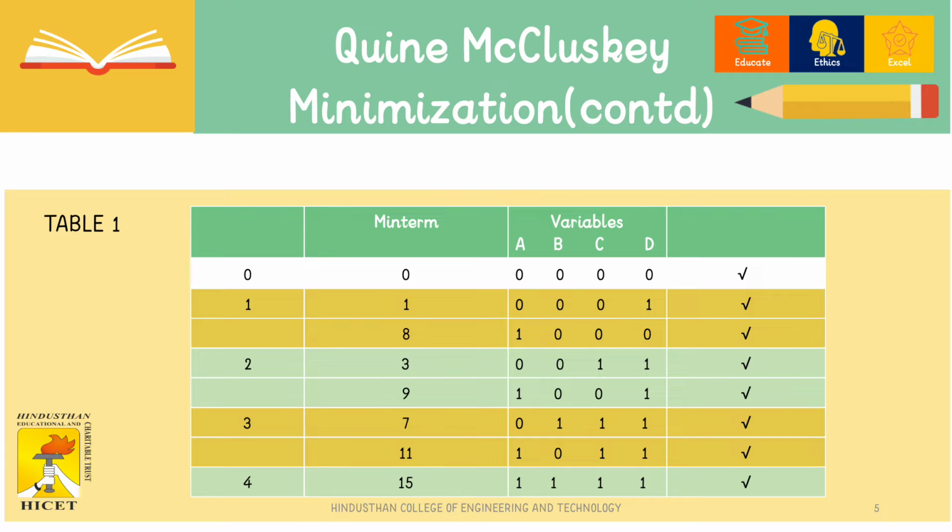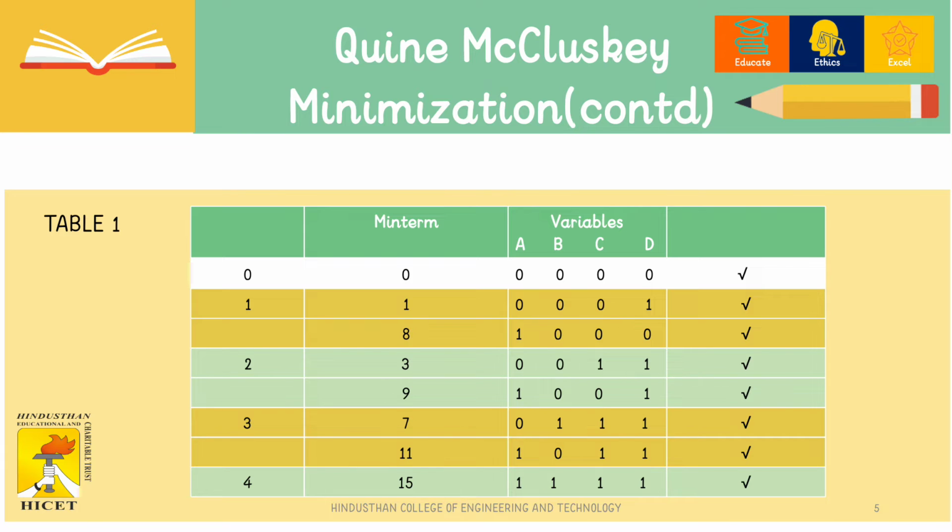Table 1 shows the first column where you have different groups 0, 1, 2, 3 and 4, and the next column consists of the minterms given in the problem, and then the next column will be the binary values of the minterms, and the last column will be the column used for placing the tick mark.